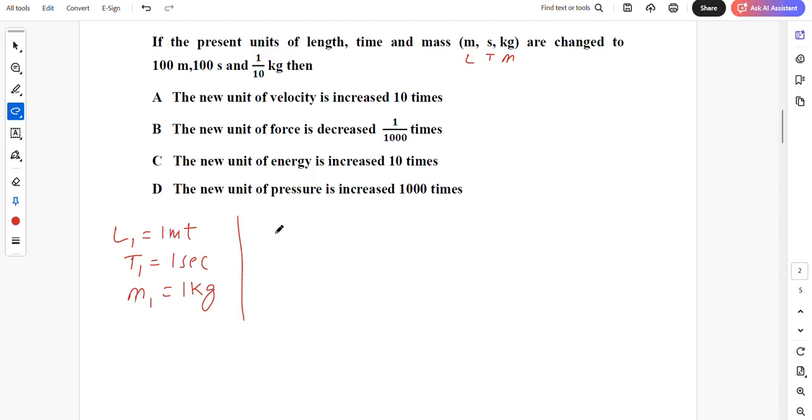Another system of units: they have given L as 100 meter, T as 100 seconds.